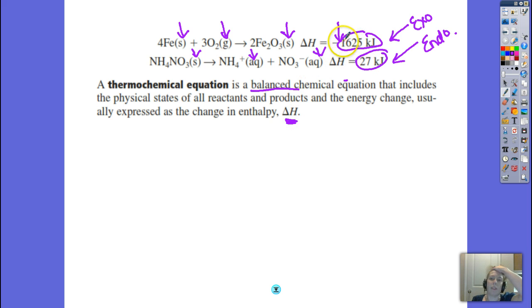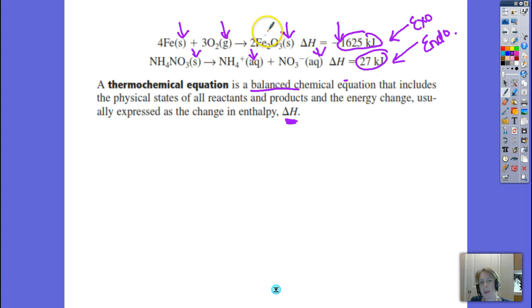So for this equation, this tells you that if I add iron solid plus oxygen gas, that will give me iron oxide as a solid, and it will release negative 1,625 kilojoules.